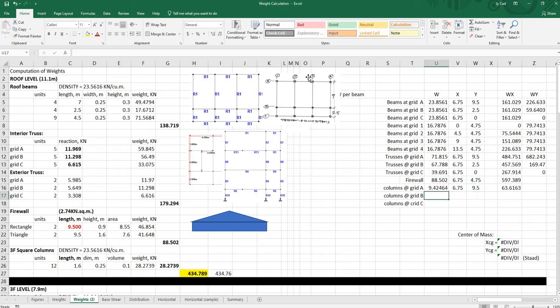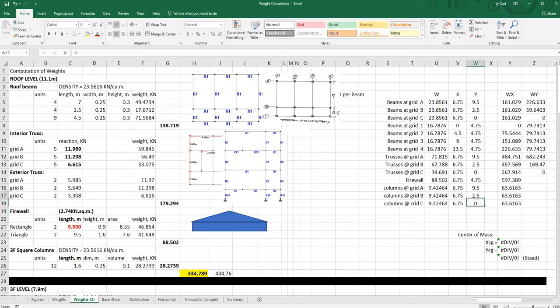Next, at grid B, parehas lang yan, 9.42. Grid C, 9.42 din. So, let's check the sum of these three, which is your columns at A, B, and C. So, we have 28.27. O, yan, parehas na sila. At grid B, the x-coordinate is 6.75, pero ang y niya ay 2.5. And then at grid C, x-coordinate of that is 6.75, pero ang y niya would be 0.